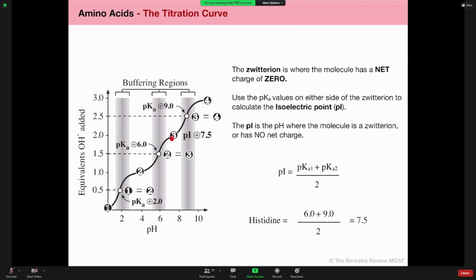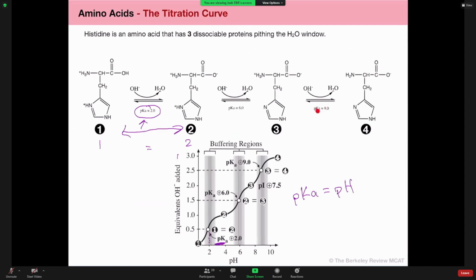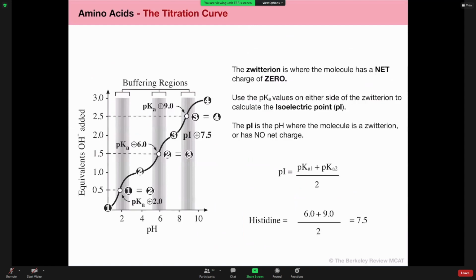Species 3 is the one where the charge of histidine is equal to 0. So you take the pKa values on either side, which are given right here and here, pKa 6 and pKa 9. You add them together and divide by 2. That gives you this number down here, which is the isoelectric point. This is the pH where that residue, or that whole peptide, is going to have a net charge equal to 0.